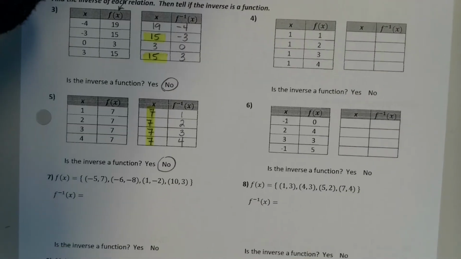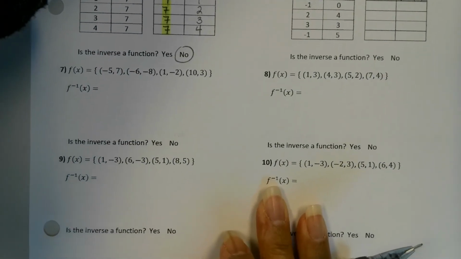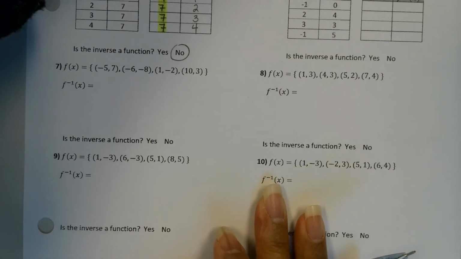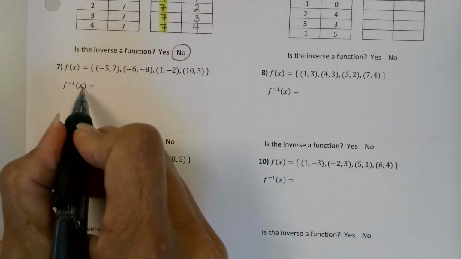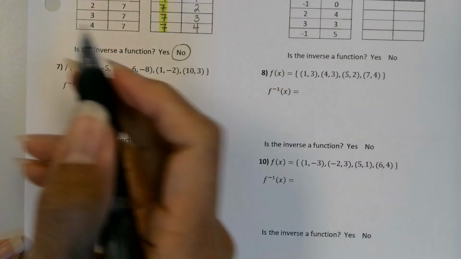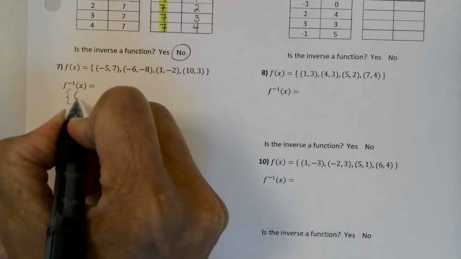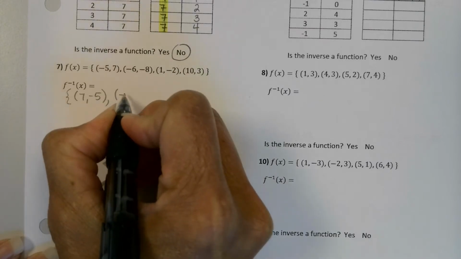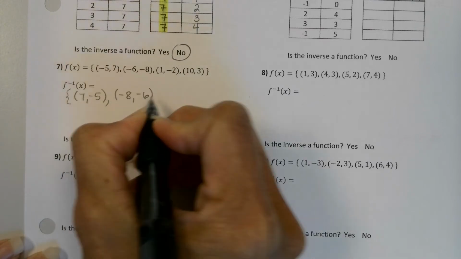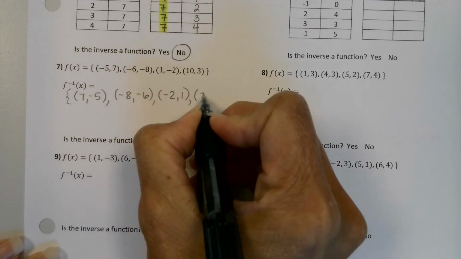We move down. With functions, the points can be displayed in relation form, list form. So for the f inverse of this relation, notice that you are doing the same thing as you did with the tables, merely flipping your x and your y.